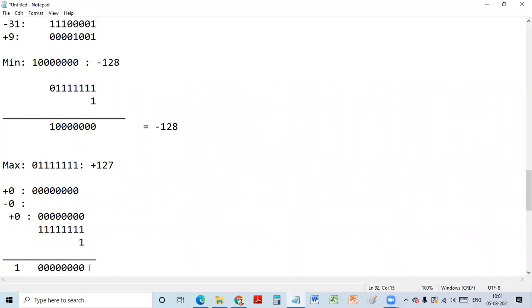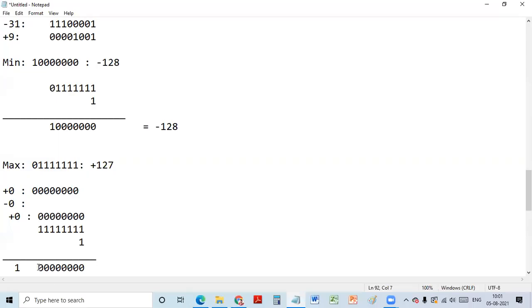So these 8 bits are nothing but 8 zeros only. So plus 0 is 8 zeros, and minus 0 is also 8 zeros in 2's complement way. While performing 2's complement additions, if you have a carry, you have to neglect it, right?